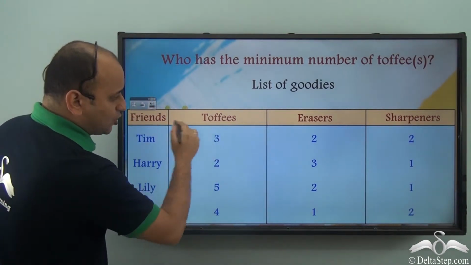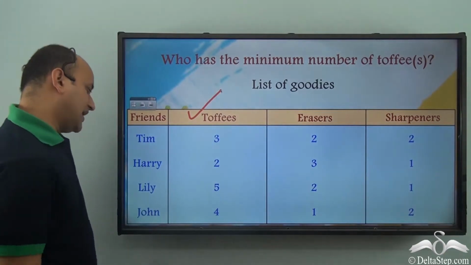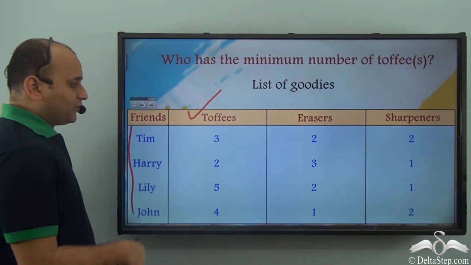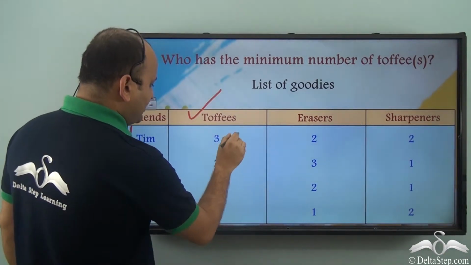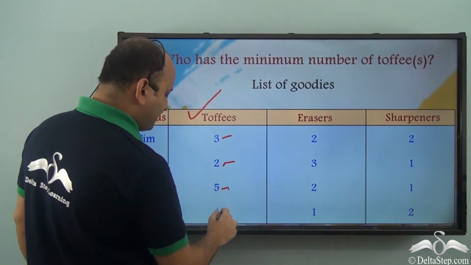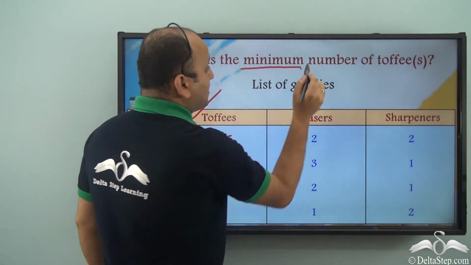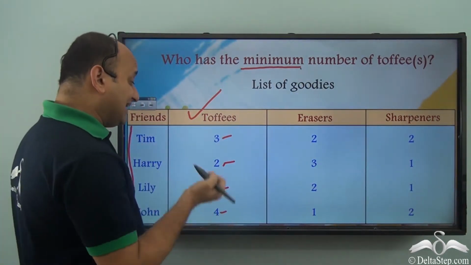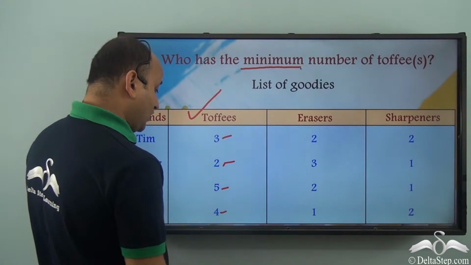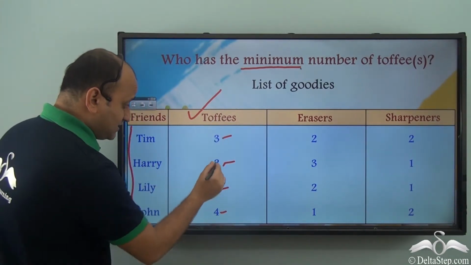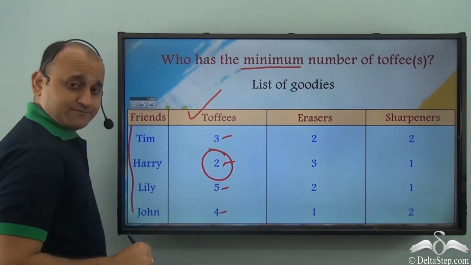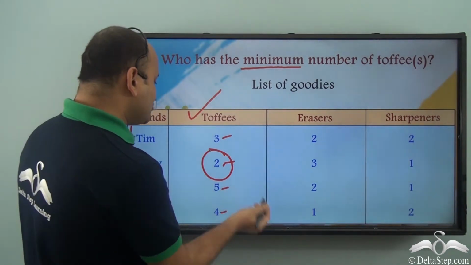So this is the column of toffees, and again you have the names here. So let's see. We have 3, we have 2, we have 5, and we have 4. Now we need to find out the minimum number of toffees. So the least or the smallest number. Now which is the smallest number in this? It's 2, right? And who collected 2 toffees?